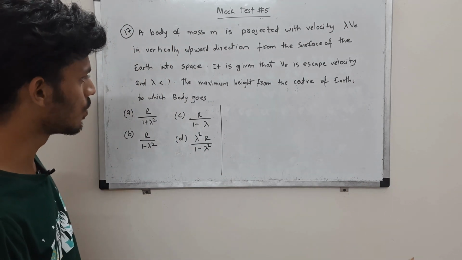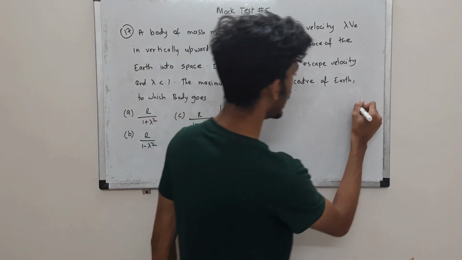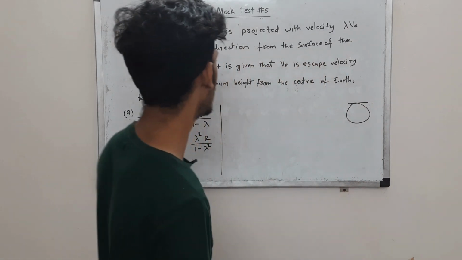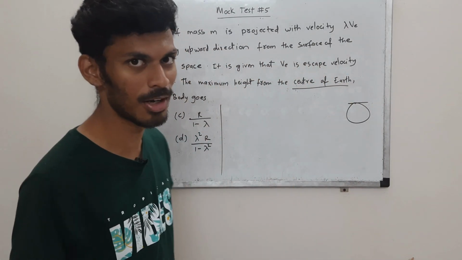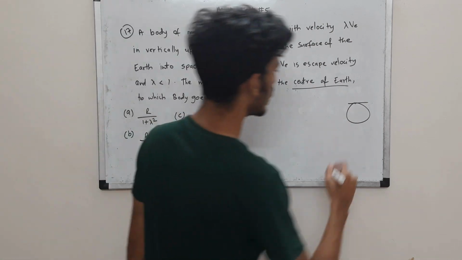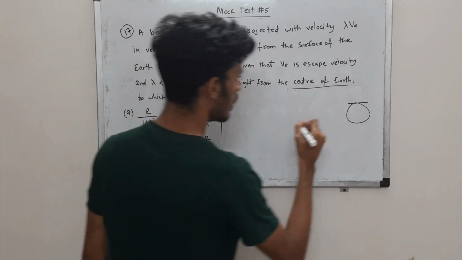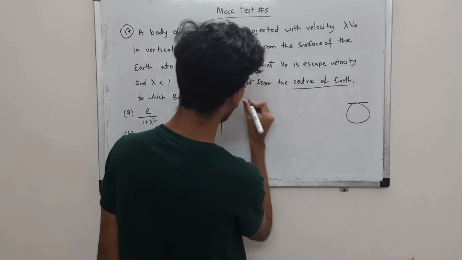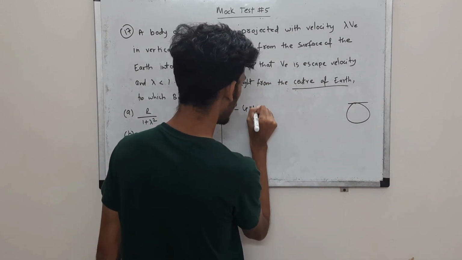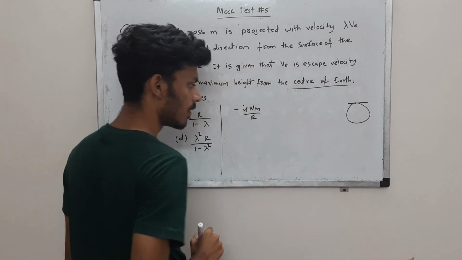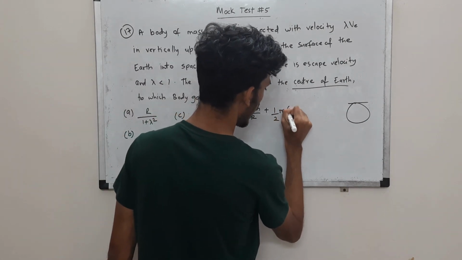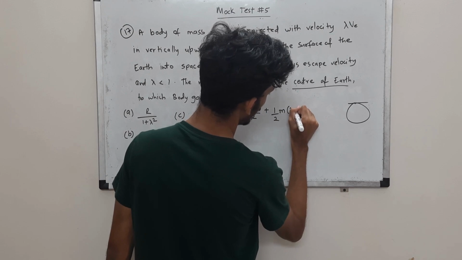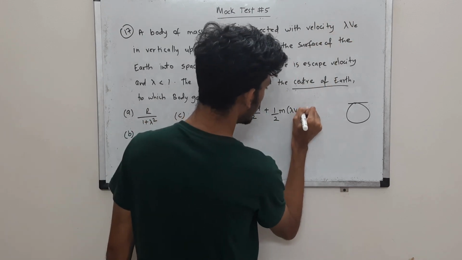First of all, it starts from the surface of the Earth. Now you are supposed to report the height from the center of the Earth, which is a very important point. It will come into play later. Initially we have the energy at this level as minus GMm by R, on the surface of the Earth. Now we provide it with some kinetic energy, half m v square, where v is the velocity we are providing.